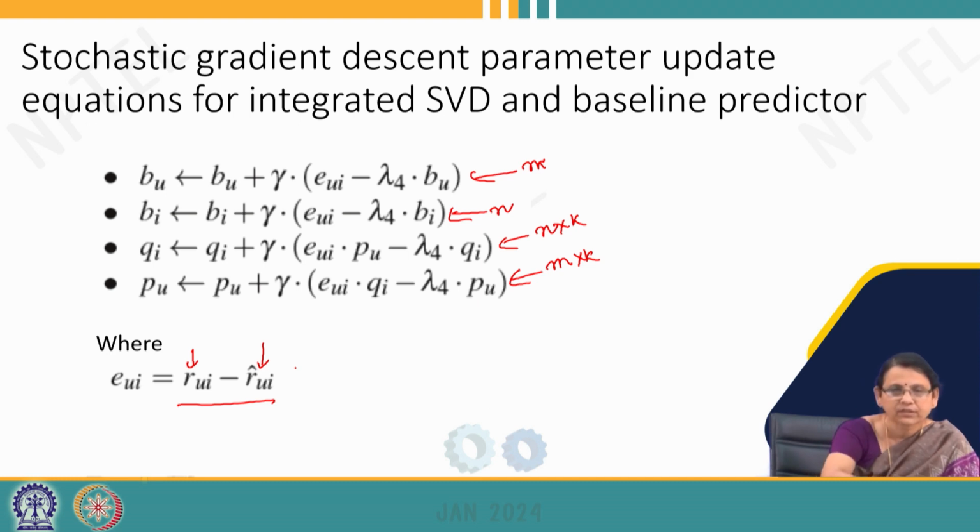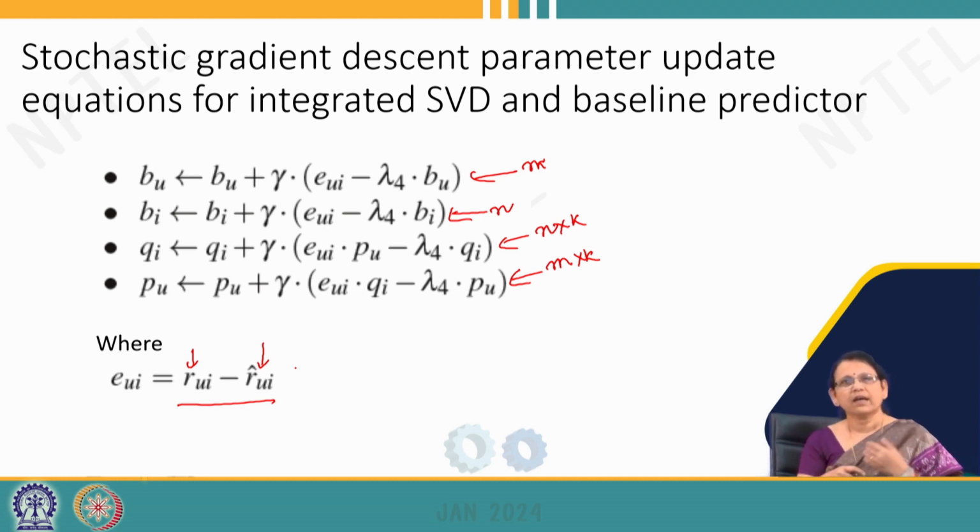So, you start with certain random values of this parameter and you keep updating following these equations and follow this stochastic gradient descent algorithm. In fact, this stochastic gradient algorithm, last lecture we have seen with respect to only latent factor models where these biases were not considered.